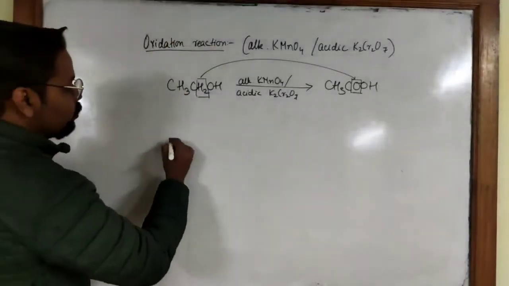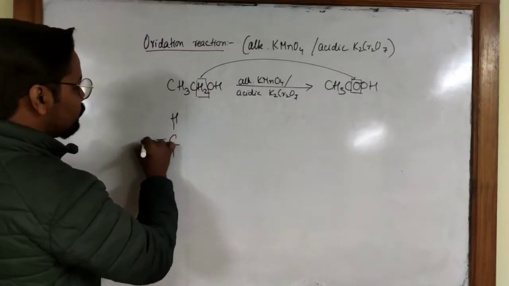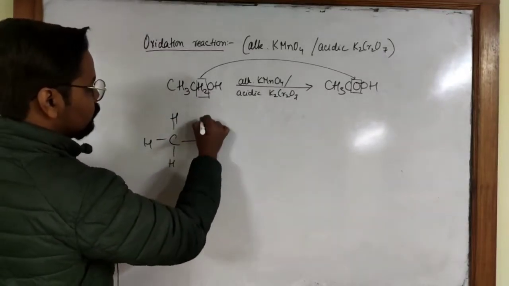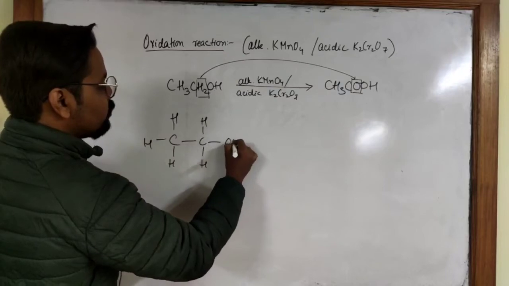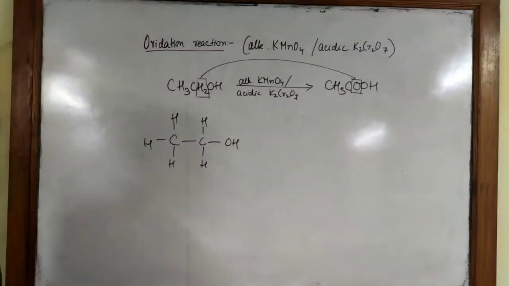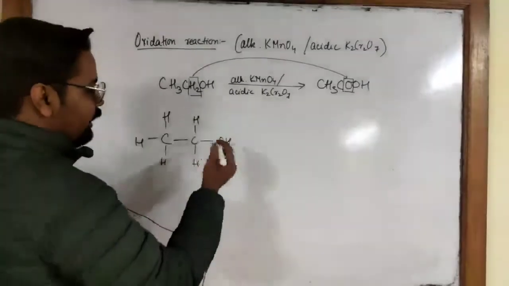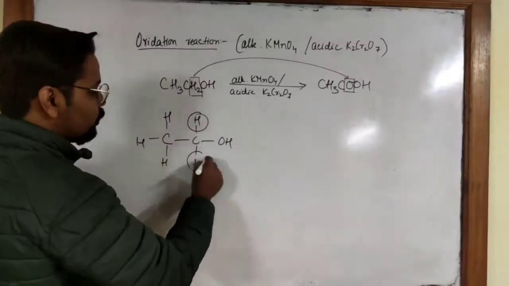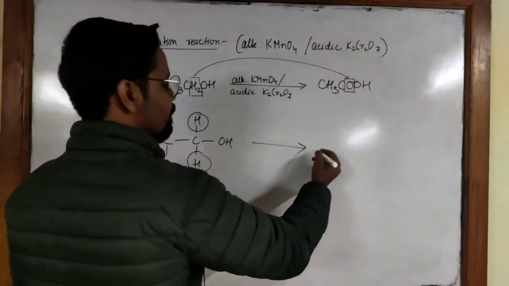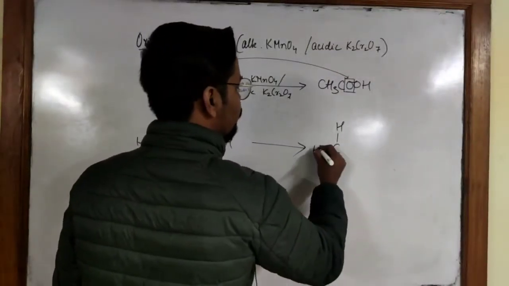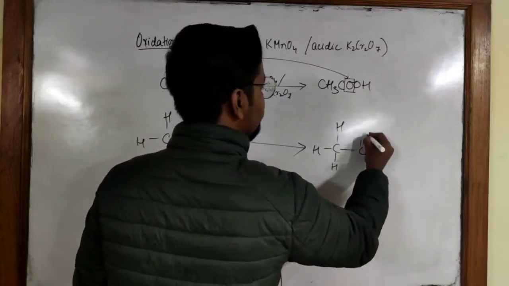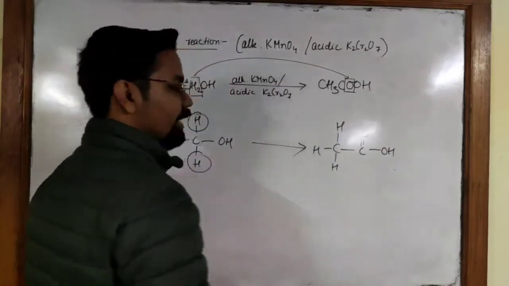If I draw the structure, it will look something like this. This is the structure of the alcohol, ethanol, and we will remove these two hydrogens. So what we form here is C double bond O, OH.